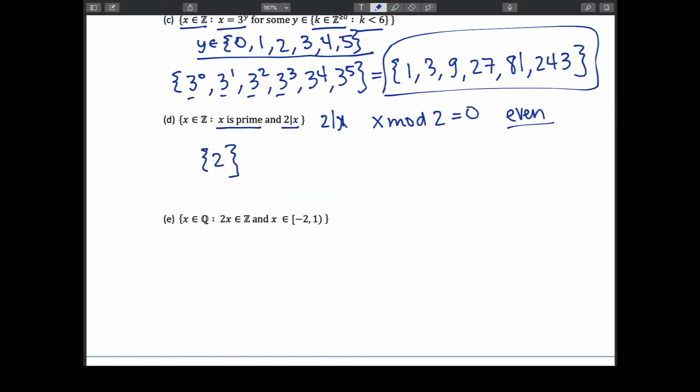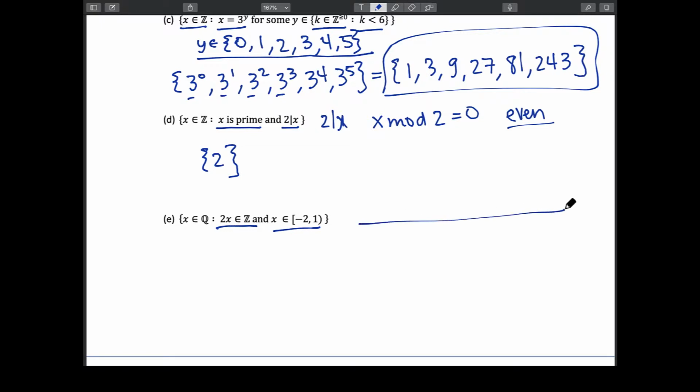All right, so here we have a new starting point. We are starting from x is a rational number and 2x is an integer, and x is in [-2, 1).